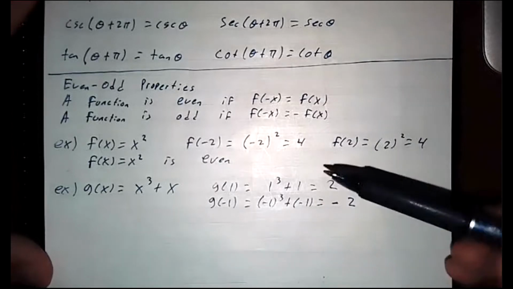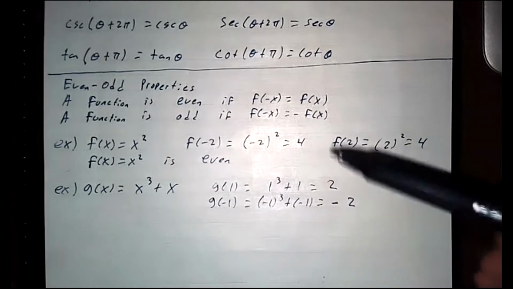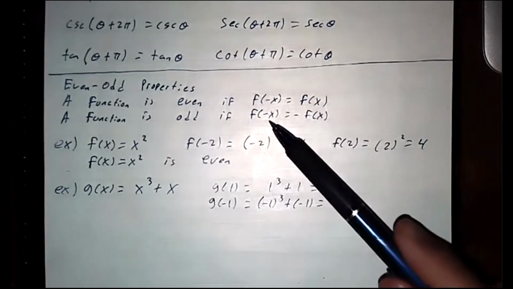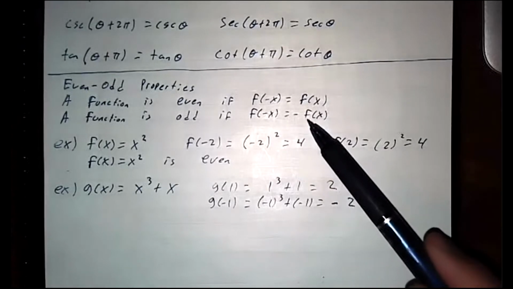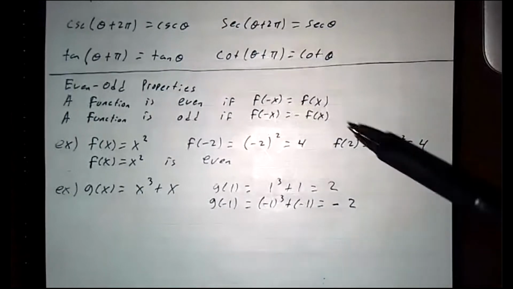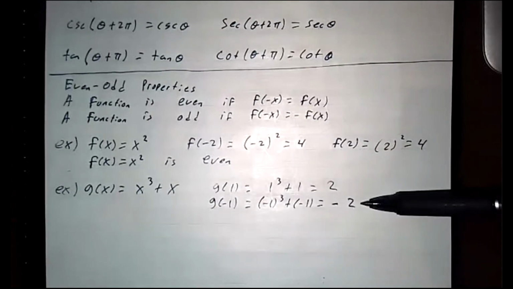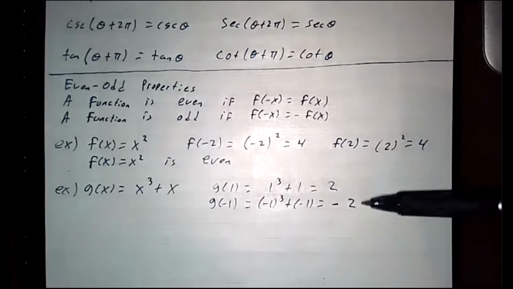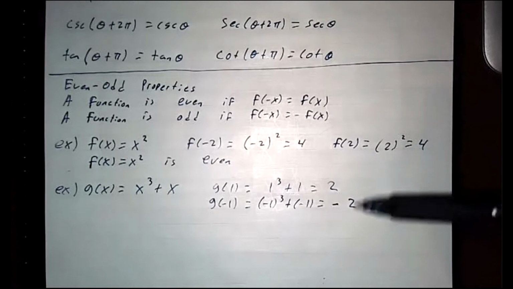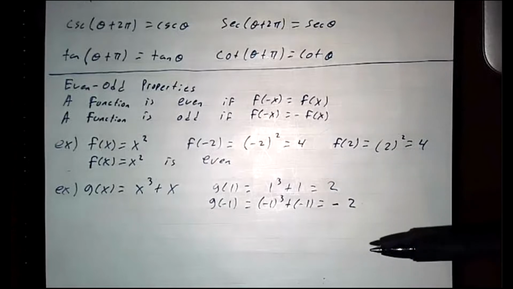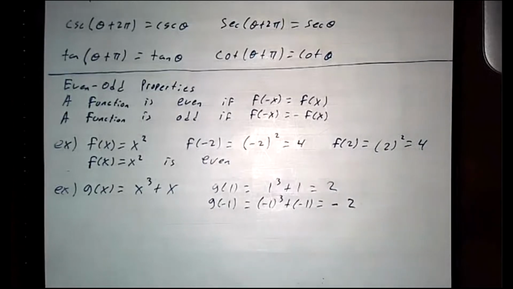So looking back at the definition, plugging in a negative is the same thing as multiplying the entire result by a negative. So multiply 2 by negative, I get negative 2. You see how it passes the definition for odd? If I had gotten 2 positives or something different, then it would not be odd. Let me try to find some more pictures.